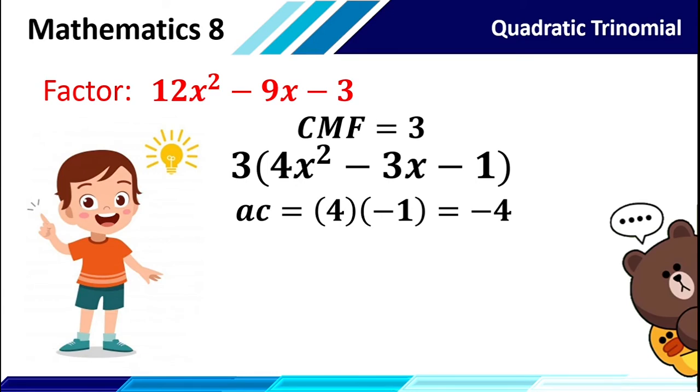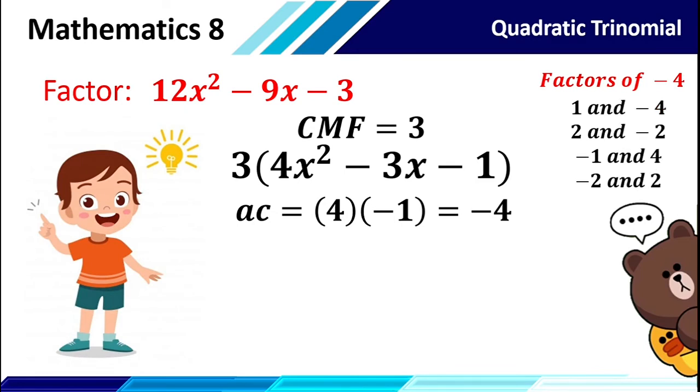Therefore, let's take a look at the factors of negative 4. We have 1 and negative 4, 2 and negative 2, negative 1 and 4, and lastly, negative 2 and 2. From these factors, we need to find two factors wherein when we add them up, the answer would be negative 3. And that is 1 and negative 4.